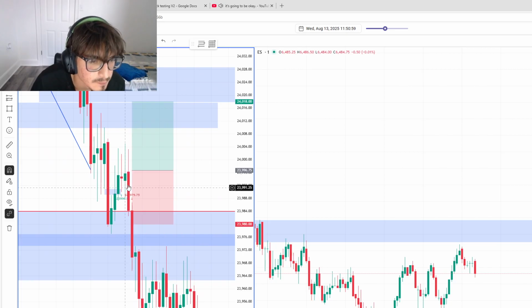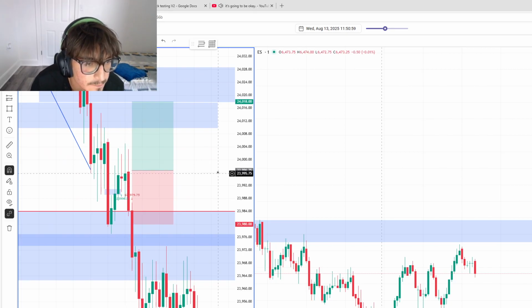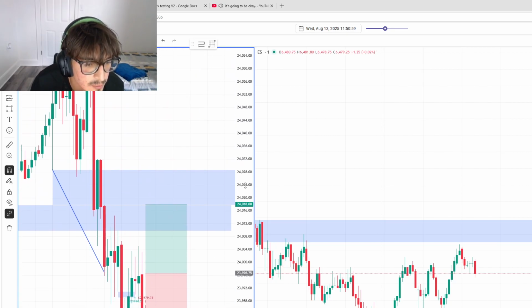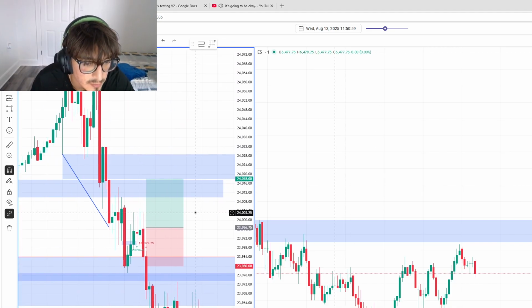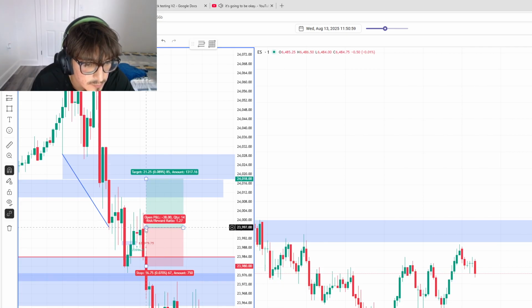Nice displacement out of it. No, I'll probably take this trade again. Honestly, I like this trade. For me, it's A+. So it just goes to my statistical losses.